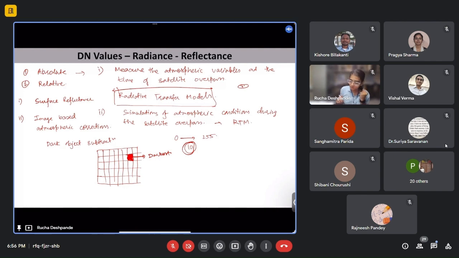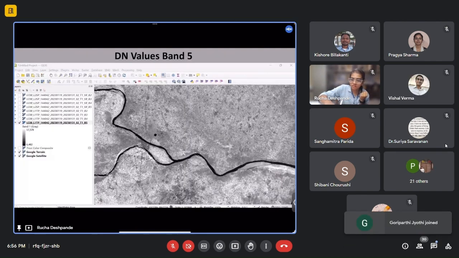So this is an example. We saw surface reflectance before, which is the final processed product from Landsat. These are the raw DN values from Landsat 8 from different bands B2, B3, B4, B5.